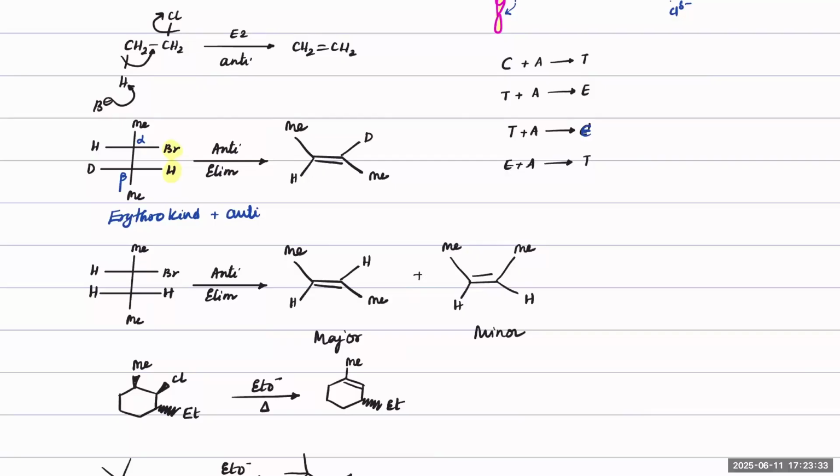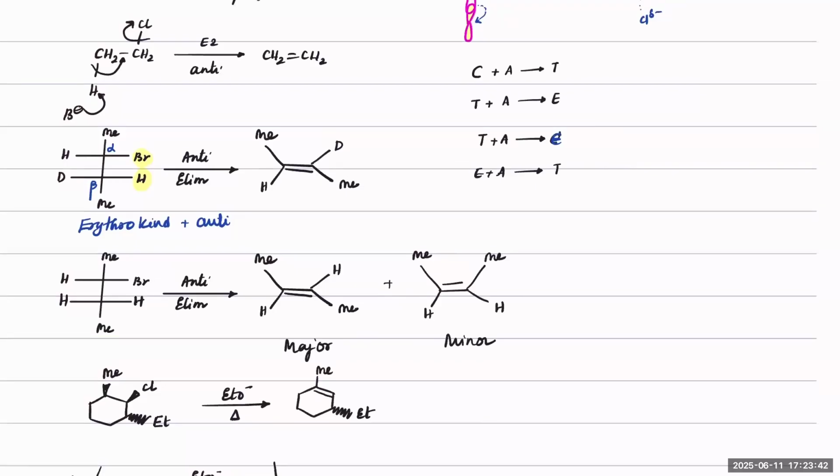Okay. So you can see erythro, if you perform anti, you will get trans. Got it? This is what we learned for addition, right? This is the form we learned for addition. What is the addition formula? Cis plus anti will give you threo. Trans plus anti will give you erythro.